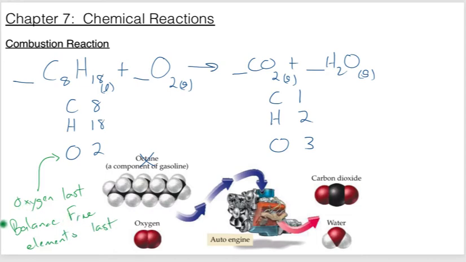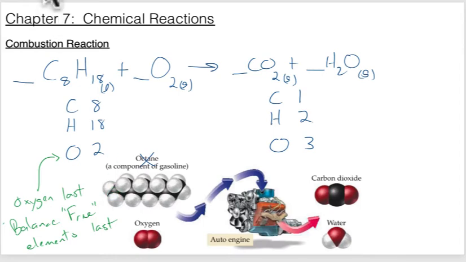When we say free elements, we're talking elemental forms, so the diatomics, monatomic metals, etc. These little rules for balancing equations are really helpful hints. One of the most important things they do is make your work easier.